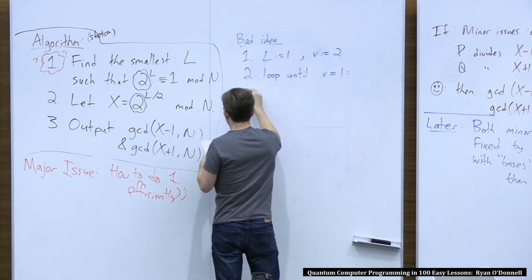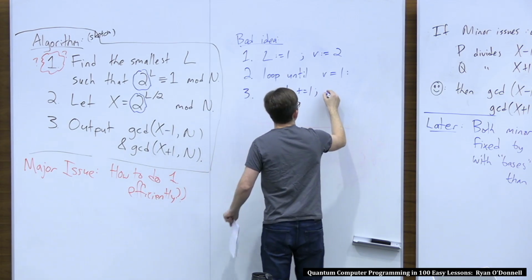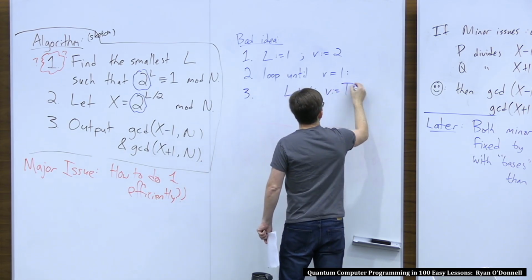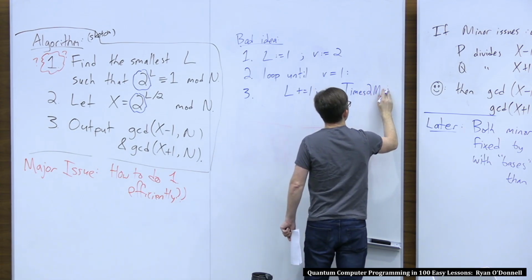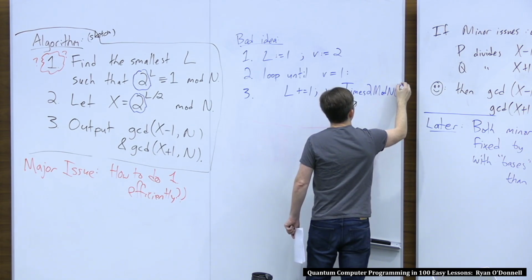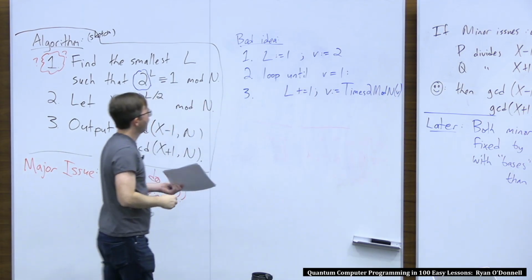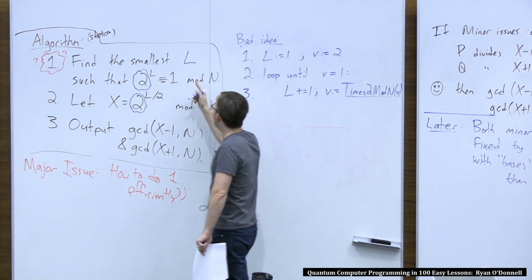And here we'll increment L, and we'll do V equals V times 2 mod n. Okay, this is a correct algorithm for implementing step 1.